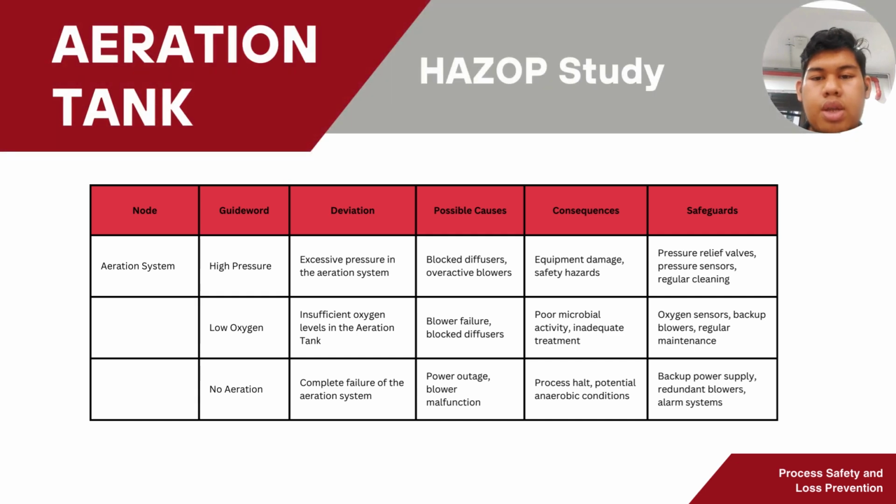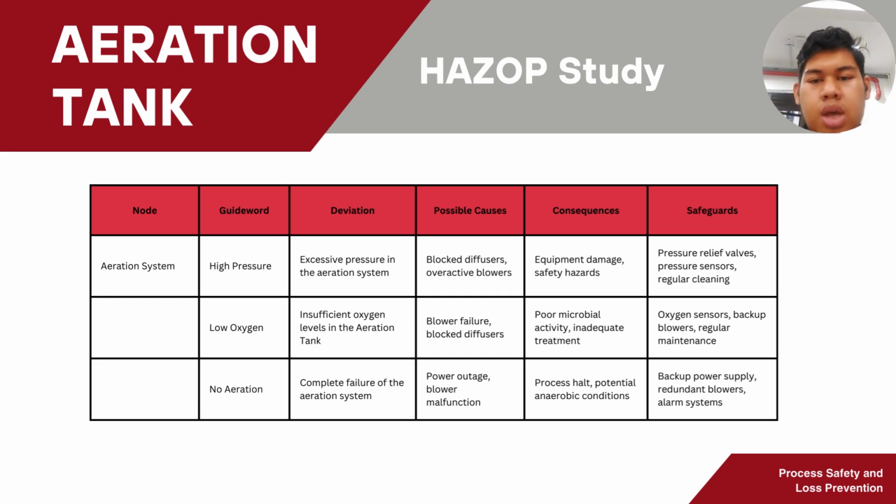For the second node, this is the aeration system. The first guide word is high pressure. The deviation is excessive pressure in the aeration system. The possible causes are blocked diffuser and overhead leak flows. The consequences are equipment damage and safety hazard. The safeguards are a pressure relief valve, pressure sensor, and regular cleaning.